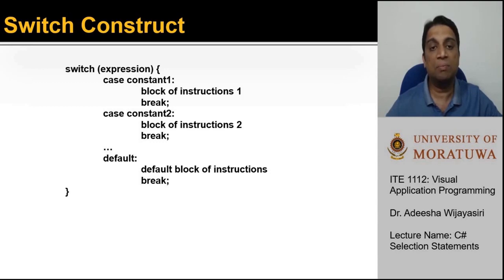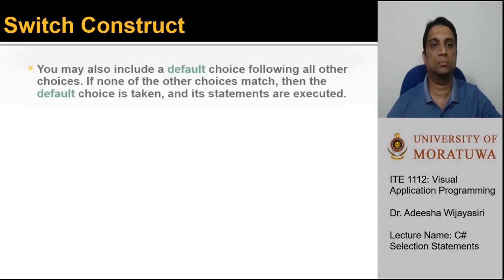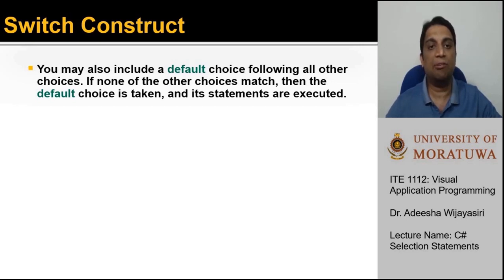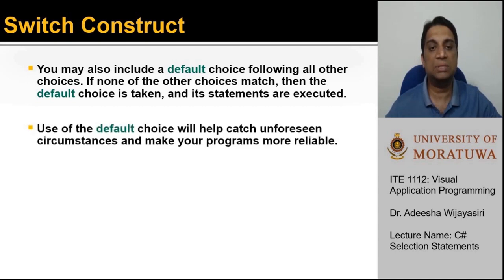An important thing to remember is that you need to end each case with the break keyword. Also, a default case can be included. You can use this default clause to execute a set of instructions when none of the other choices match the expression. Sometimes the default clause helps to catch any unforeseen circumstances and make your programs more reliable.